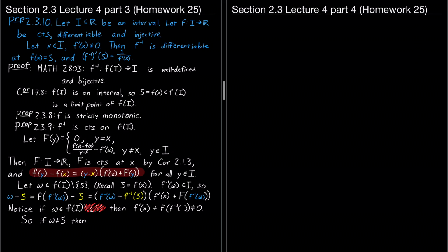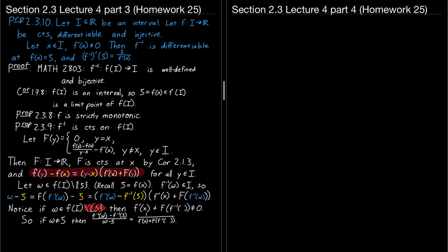Then let's write f inverse of omega minus f inverse of zeta over omega minus zeta. That's equal to 1 over f prime of x plus big F of f inverse of zeta. All right, our right-hand side always exists. We're never dividing by zero. Our left-hand side, we are dividing by zero a little bit.